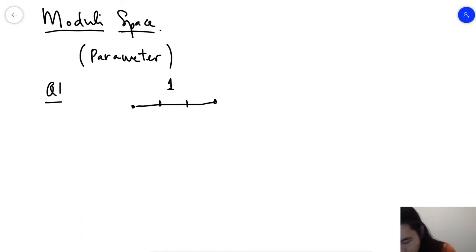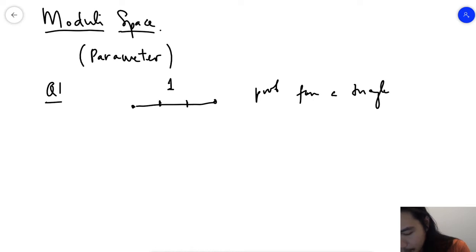What is the probability that the three subparts of the stick form a triangle? Okay, the points are chosen uniformly.